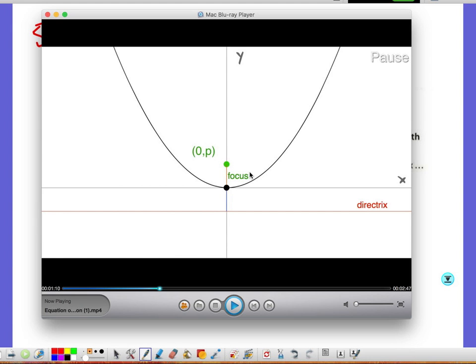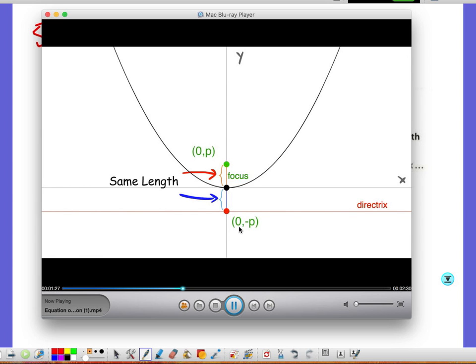Now let's go ahead and derive the equation of a vertical parabola. So here we have a vertical parabola because it's facing up. Let's say that the focus is at coordinate (0, p), and the vertex of the parabola is at the origin. Now since these are the same length, this point here is going to have a coordinate of (0, -p).